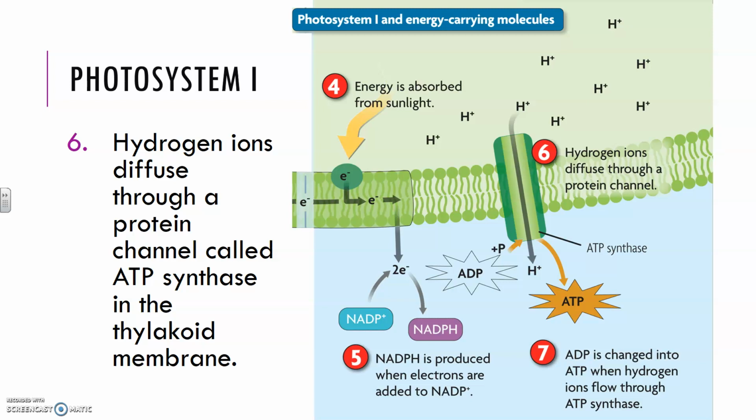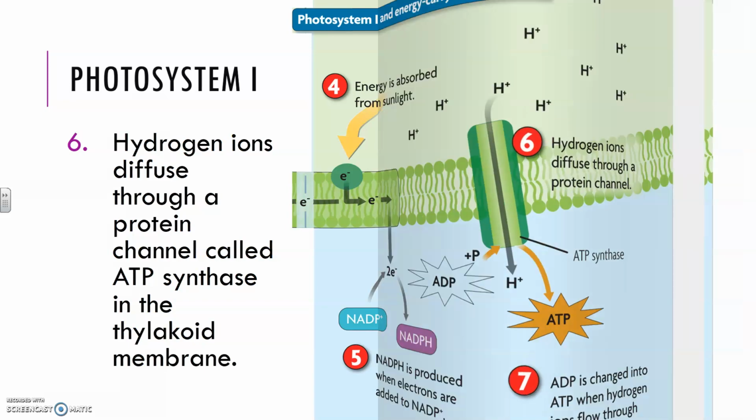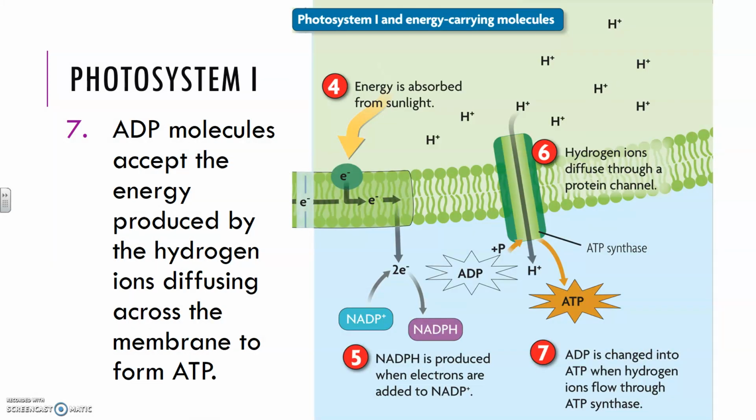This is just producing ATP so that the next stage of photosynthesis can continue. Okay, so we already kind of talked about this. The ADP molecules accept the energy produced by the hydrogen ions diffusing across the membrane to form ATP. That ATP will then get pushed into the light independent reactions.